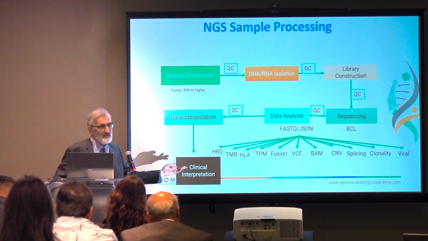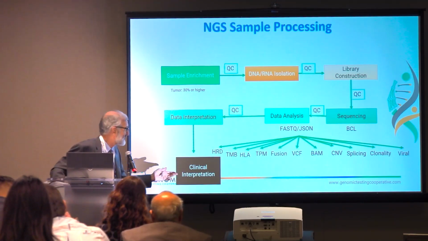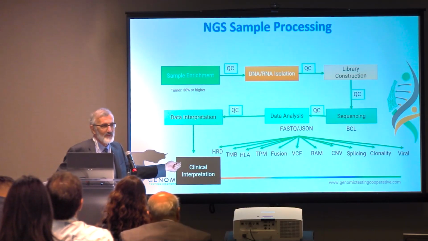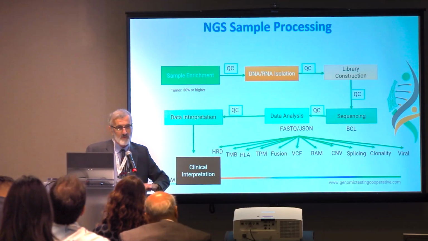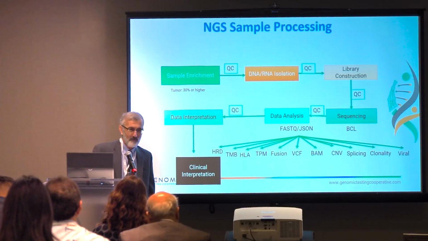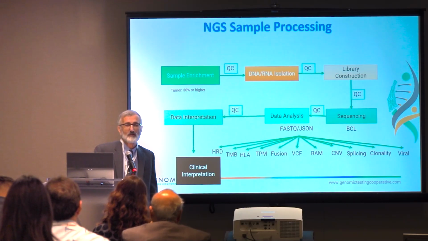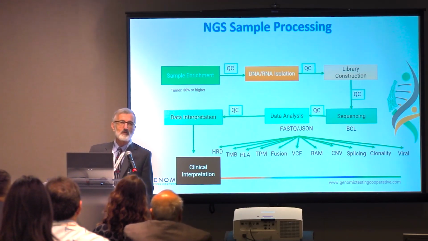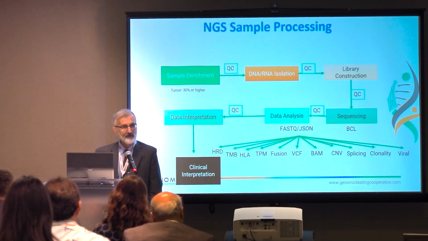Tumor mutation burden, we have to use a different software. Homologous recombination deficiency evaluation, that's also a different software. So it takes almost 24 hours and sometimes more than 24 hours to go, after you generate your data, through your multiple software.